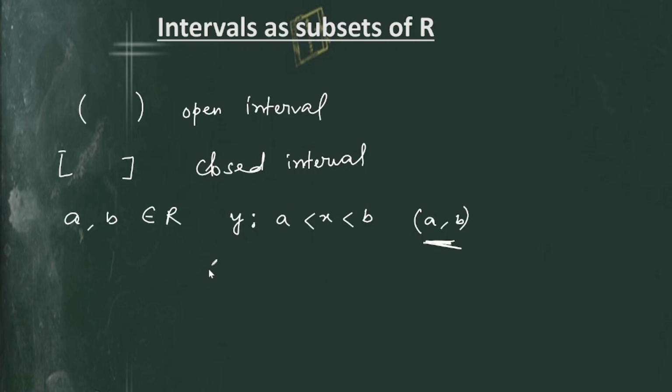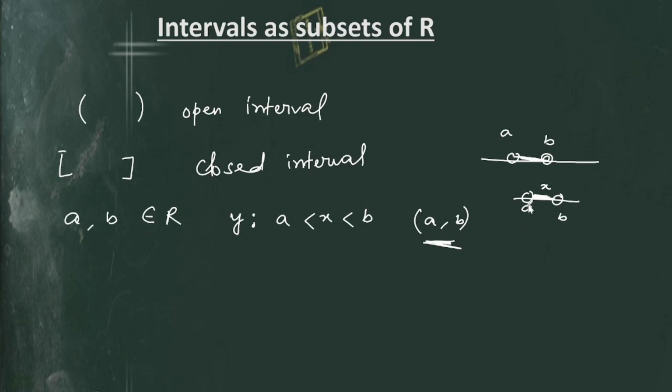If I draw it in a diagram, this is my real number line, this is a and this is b. If I bold this portion, this is the range of x and it lies between a and b.